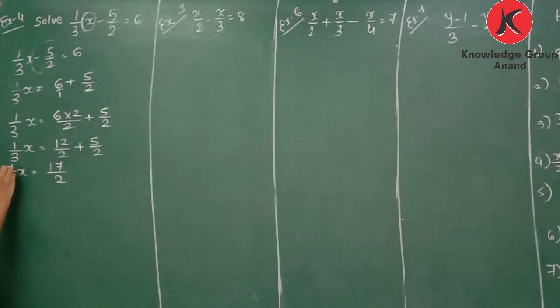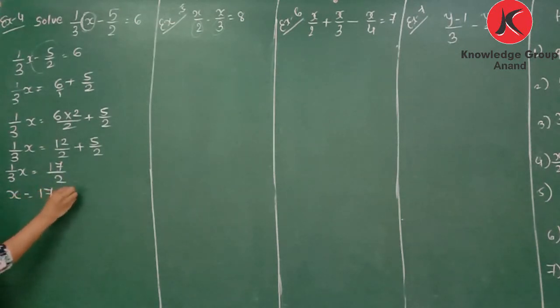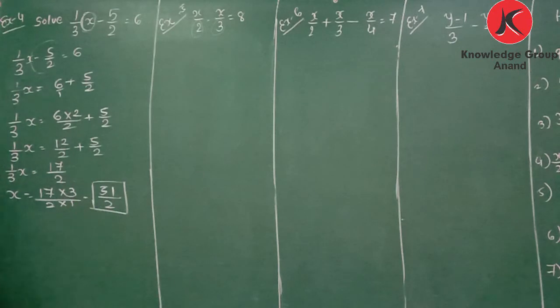So if we take 1 from the left to right, it becomes divide. So 1 multiply 2, and here 3 that is in divide becomes multiply. So 17 multiply 3. So we have x is equal to 17 multiply 3 divide 2 multiply 1, is 51 by 2. Means our answer x is equal to 51 by 2.